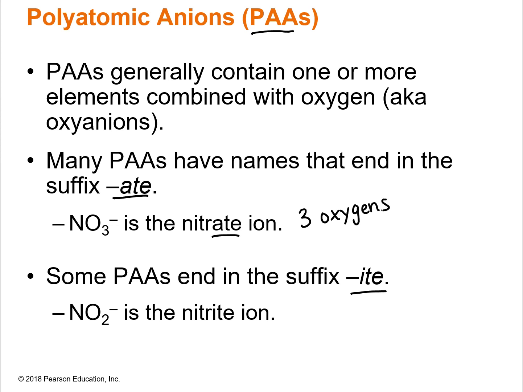Nitrite is NO2 minus. That's a nitrogen with 2 oxygens, and they're all sharing electrons, and the overall charge is a -1. That's ITE with 2 oxygens. The ITE form of an ion will always have 1 less oxygen.